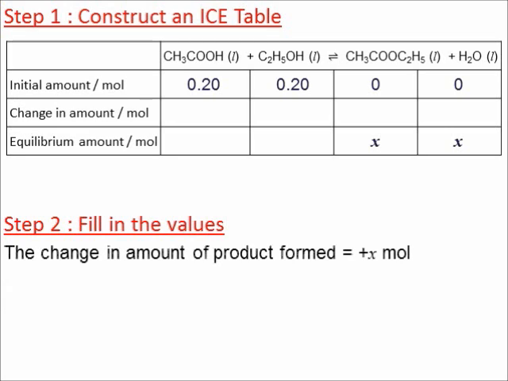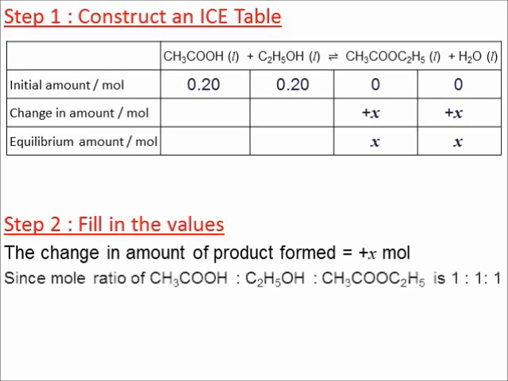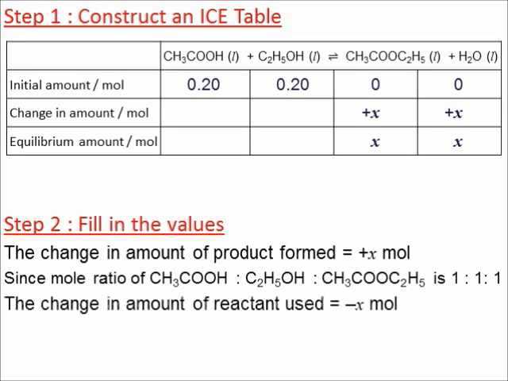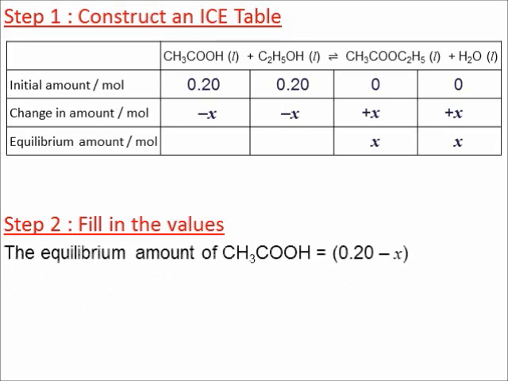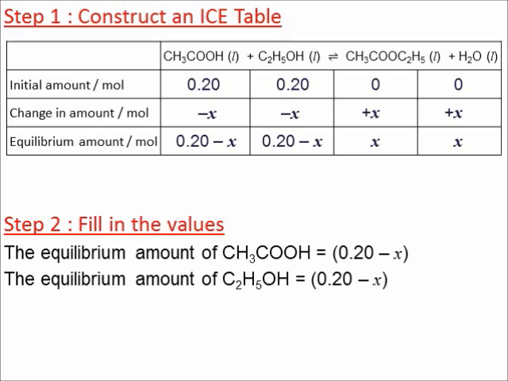The change in amount for both products is then plus x moles. And from the stoichiometry of the reaction, the initial amounts of reactants would have changed by minus x moles. And the equilibrium amount of both ethanoic acid and ethanol are written as 0.2 minus x moles.